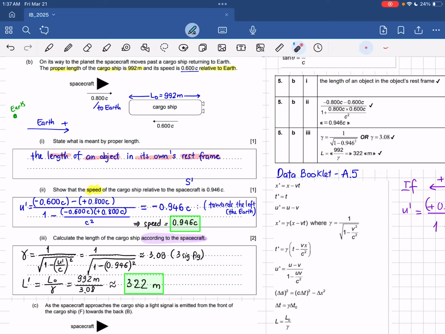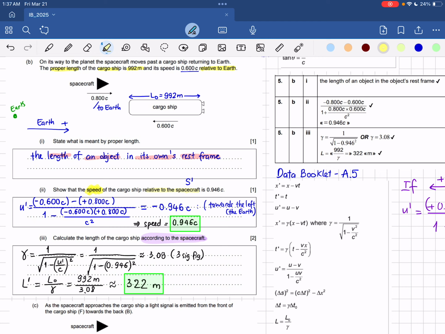For the next question, they ask us to show that the speed of the cargo ship relative to the spacecraft is this much. Wow, okay. So, things are changing here. They ask us to find it relative to the spacecraft. So then we have another reference frame, right?